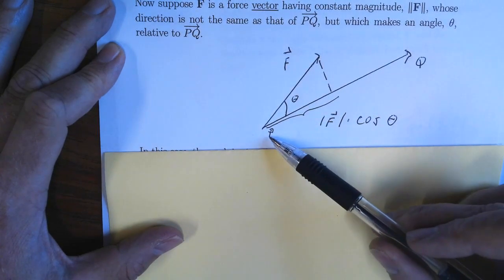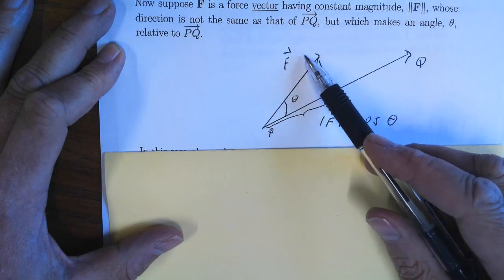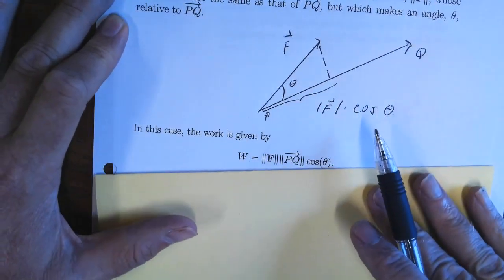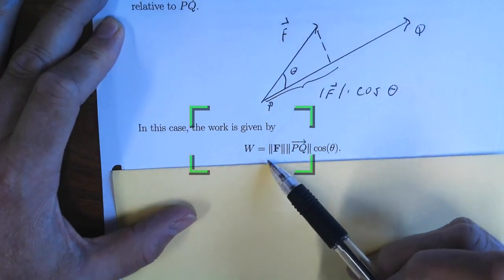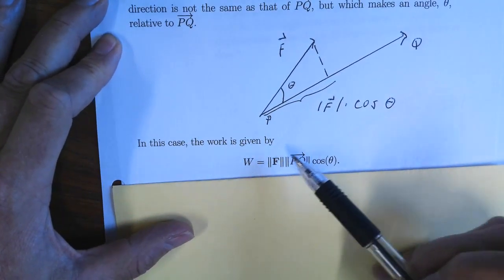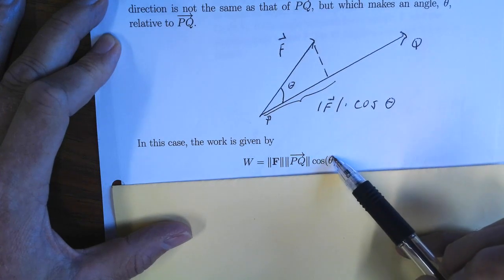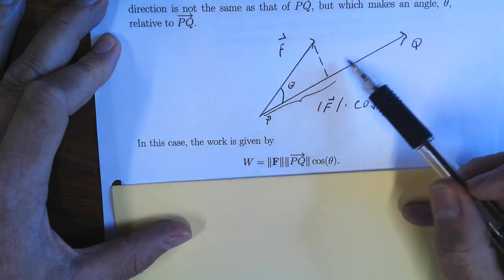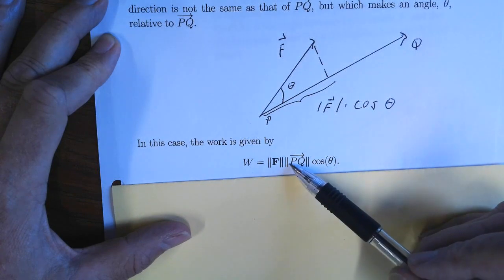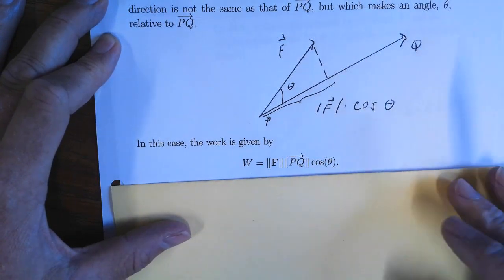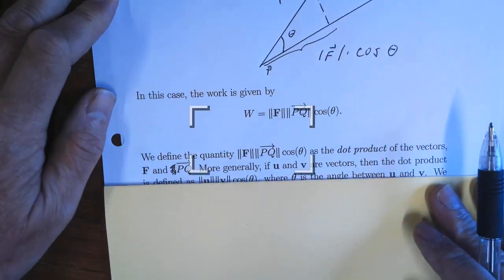So the work done, if this is our force vector, and we are moving something from P to Q, would be this product right here, the magnitude of F times the magnitude of PQ times the cosine of theta. I've taken this distance, which is PQ, and this product, magnitude of F times cosine of theta, and just rearranged terms a little bit.